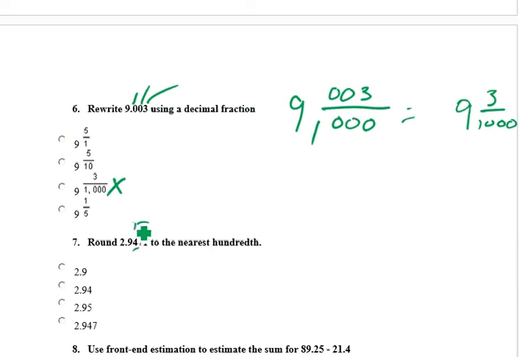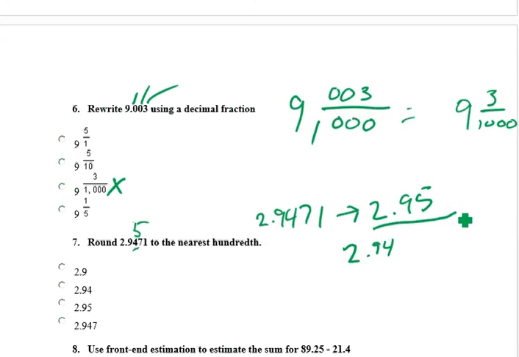All that's saying is, 2.9471 is actually closer to 2.95 than it is to 2.94. It's closer to this number, so this is how we write it.